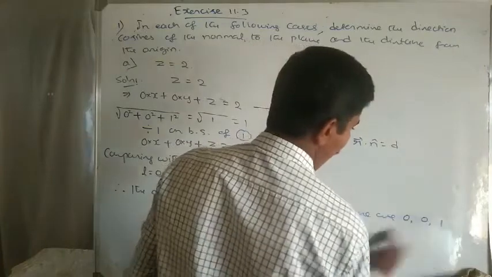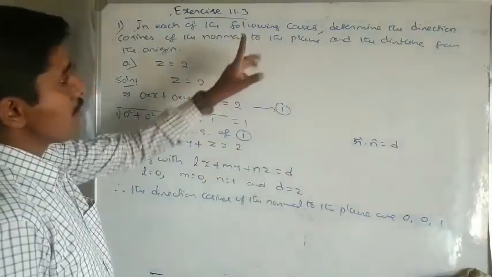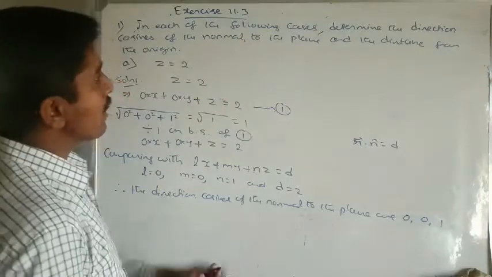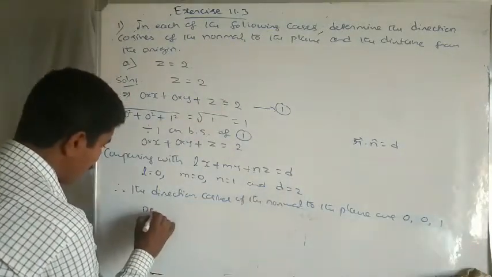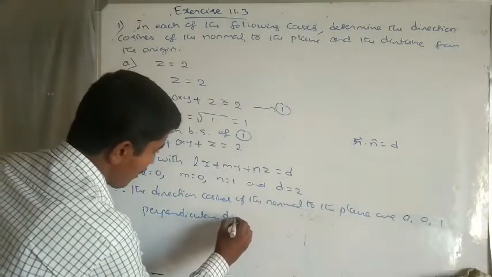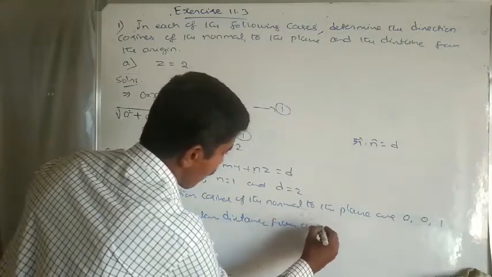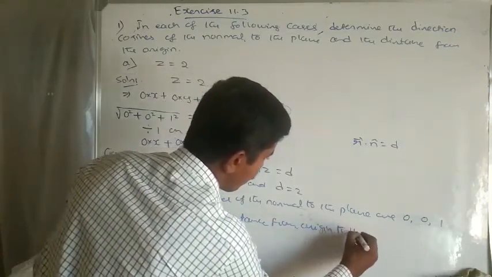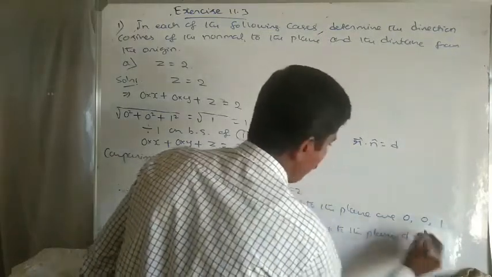And the perpendicular distance from the origin to the plane, D, is equal to 2 units.